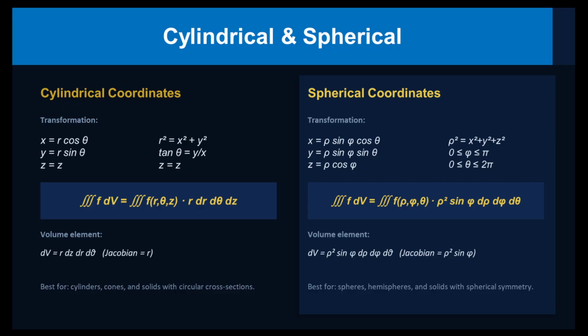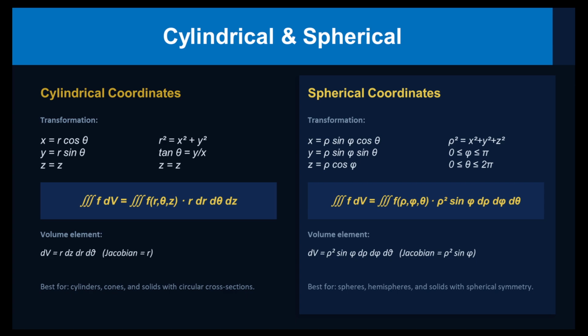This coordinate system is useful for cylinders, cones, and circular objects. The volume element becomes dV equals r dz dr d theta. The extra term r comes from the Jacobian.